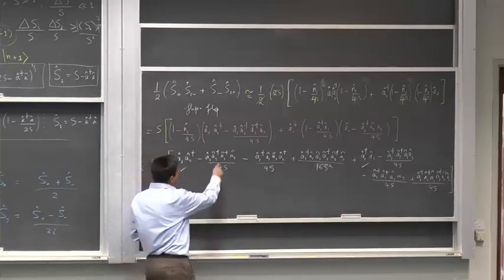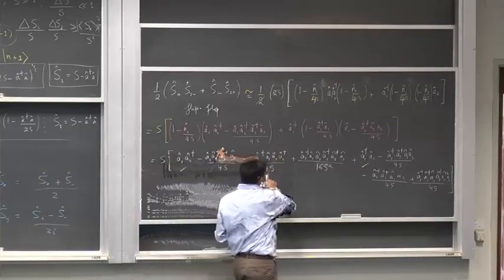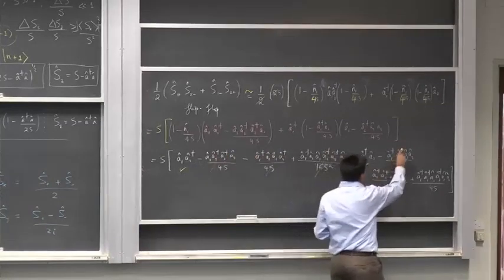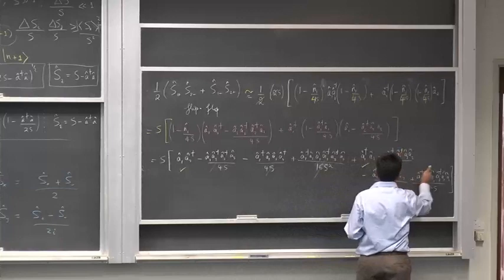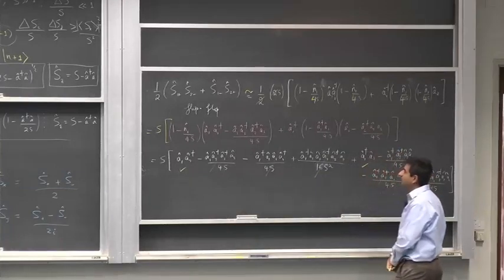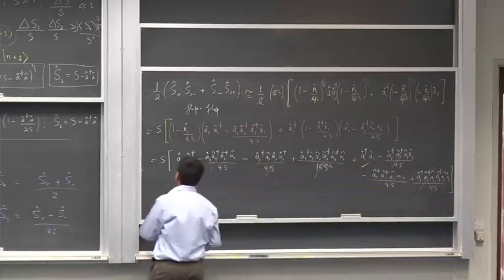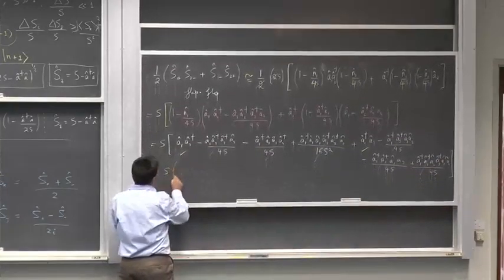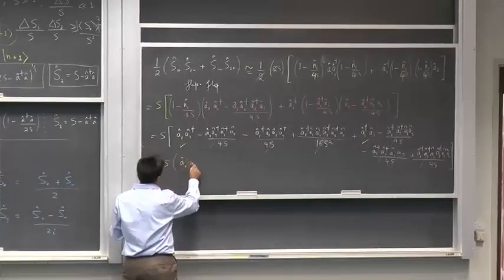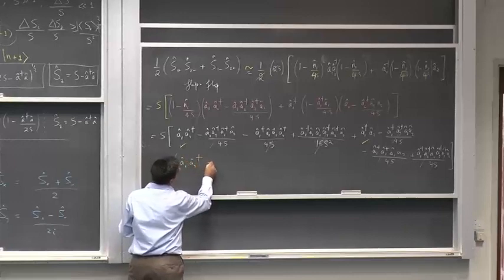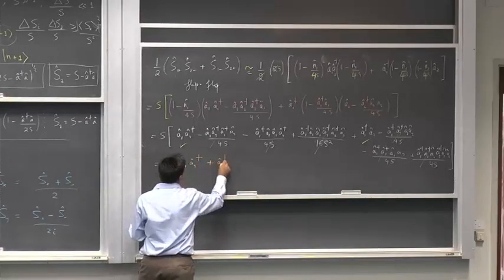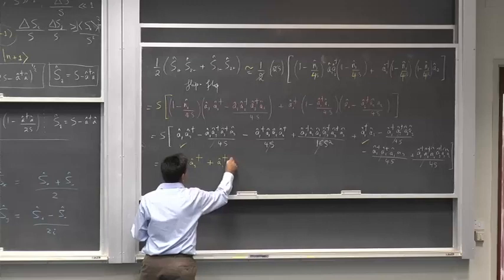So we ignore this, this, this, this, this and this. So this part of the Hamiltonian becomes S (A1 A2 dagger plus A1 dagger A2).